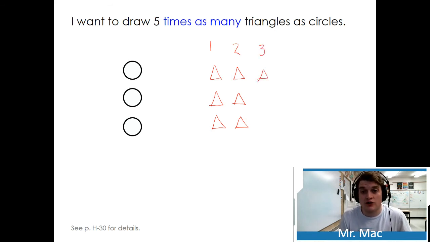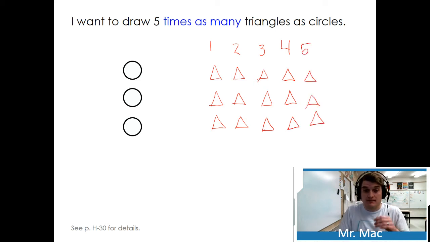We draw a third column to show 3 times as many. Continuing along, we eventually get to 5 times as many. What's our answer then? Well, we have to count all of these triangles. I'm going to start by counting by 3's, and we go 3, 6, 9, 12, 15.